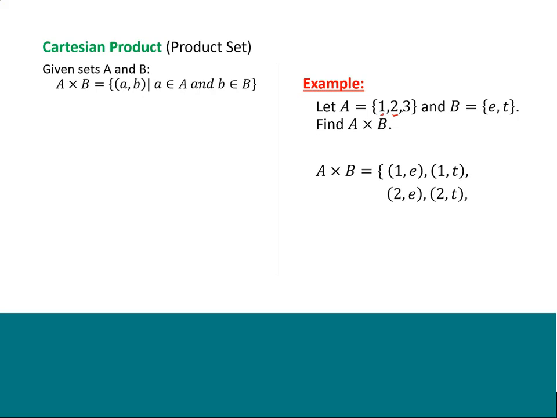All right, so are there any other objects in this cross product? What do you think? Any other objects in this set? Yep, it turns out there are a couple more, and these are the ones that are going to start with 3. So any guesses what the elements are that are going to start with 3?